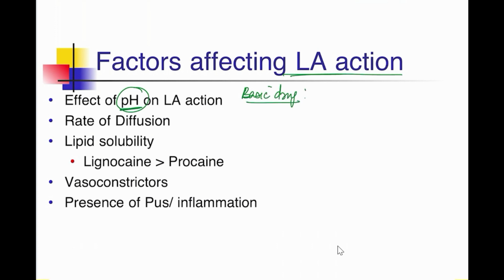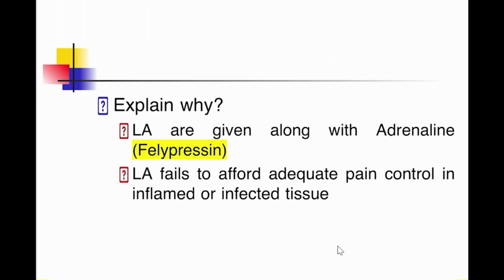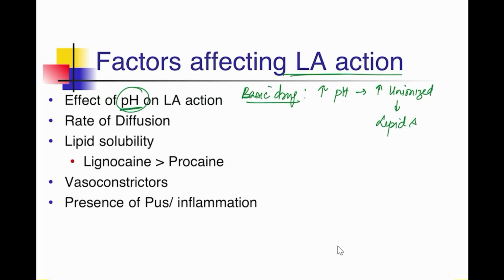If you increase the pH, it is going to increase the unionized fraction. A basic drug in a basic medium will remain unionized. The unionized fraction is lipid soluble, can cross the exoplasm and can act faster.